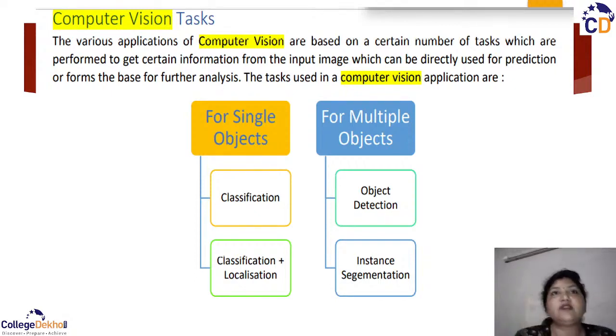Now this is for a single image, when we have object segmentation for a single image. And the next thing is when we have multiple objects in a picture, I'm going to show the pictures also. When we have multiple objects in a single picture, how do we detect the different objects from the image? It is one of the tasks of CV, instance segmentation, how to segregate an instance or an object from the image.